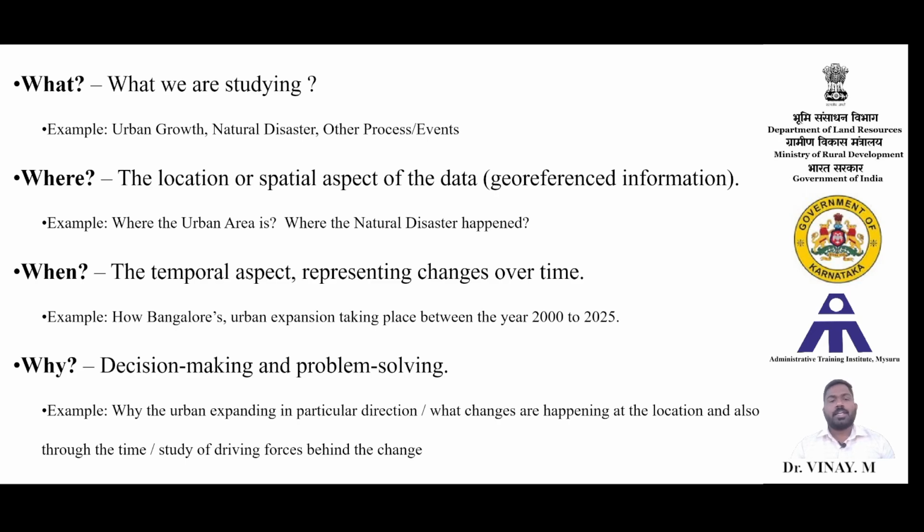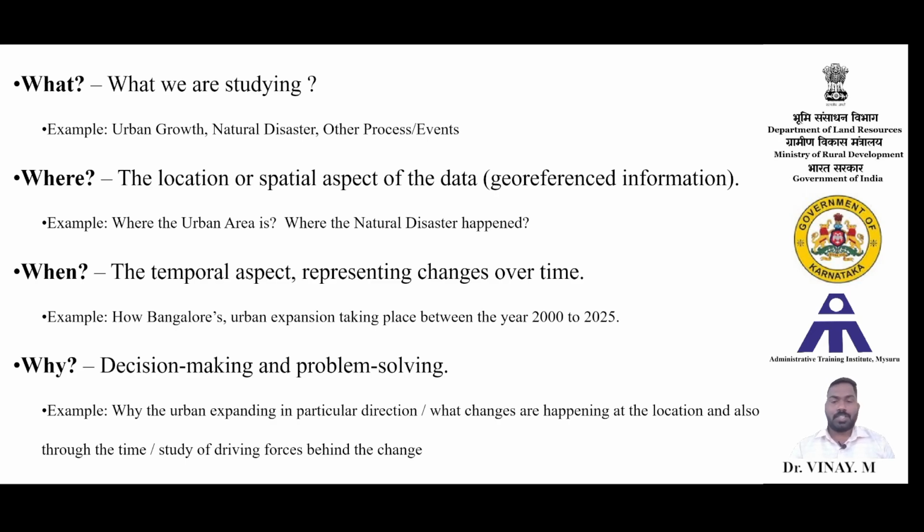So I'm studying the urban growth, where I'm studying in Bangalore. So whether you are studying at a particular year, or whether you are studying throughout the year, or studying at different time periods. Let's say I want to know what is the urban area in the year 2000, what will be the urban area in 2010 and how it is in 2025.